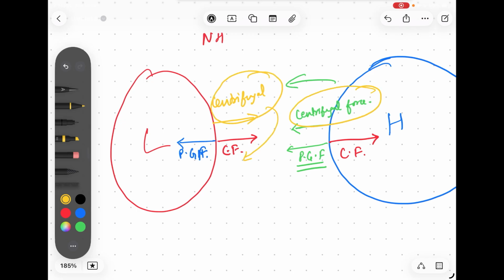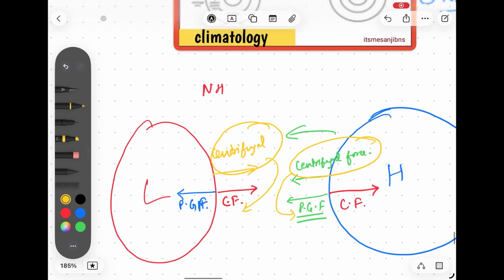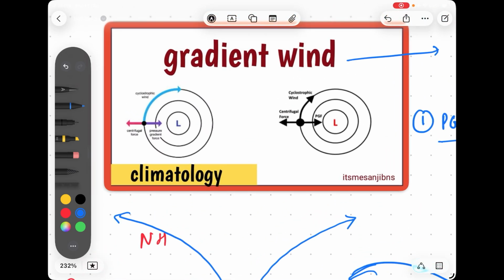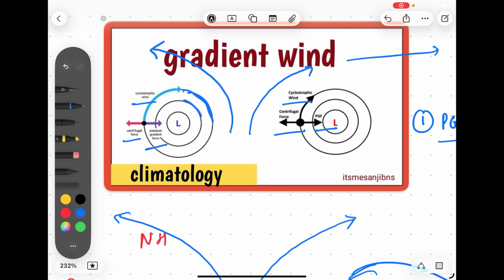Here the centrifugal force is assisting the pressure gradient force. Now the forces are not equal. So that is why there is a gradient wind that is created which blows parallel to the curve. Now it won't be straight because forces are not equal. So this is how it is explained here also. Okay. So now the winds blow like that, they are parallel to the curved isobars.